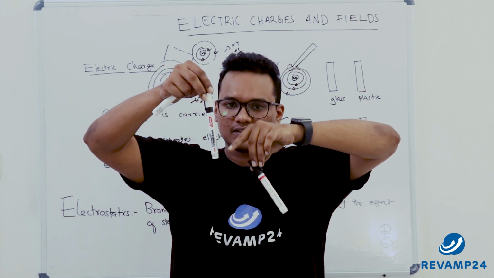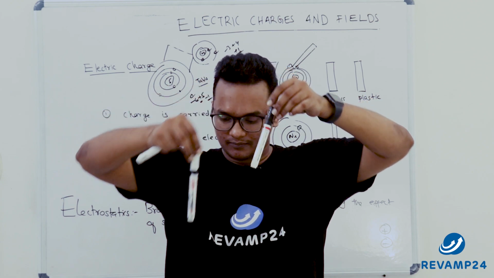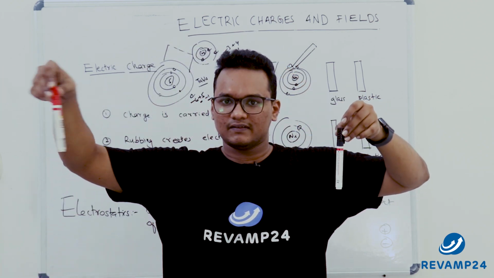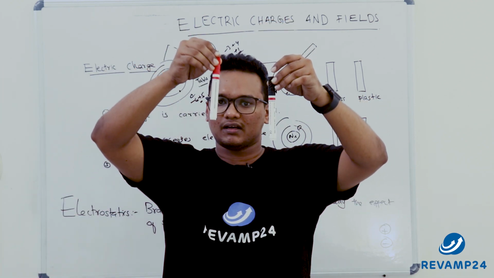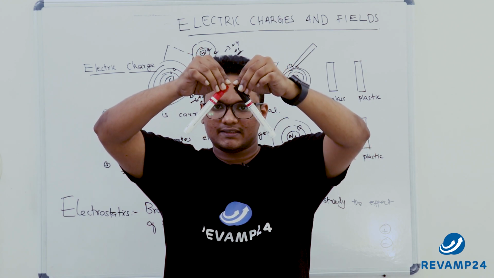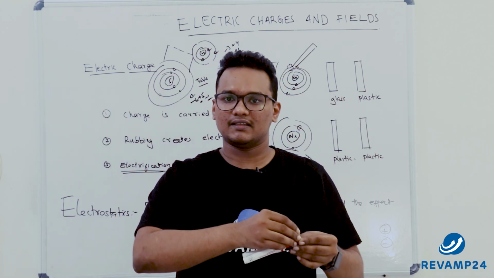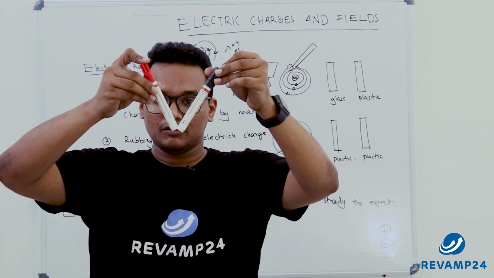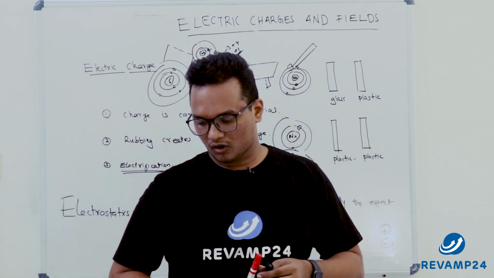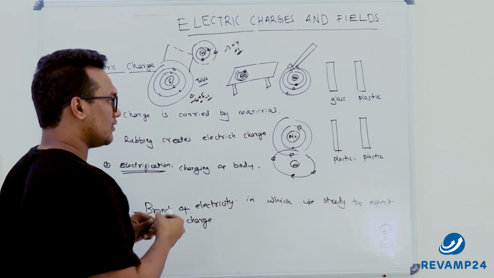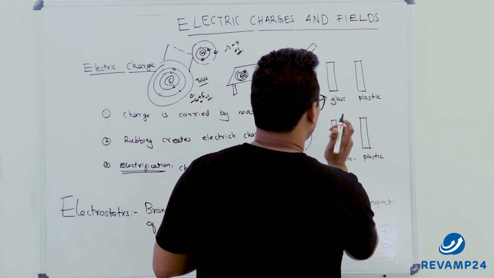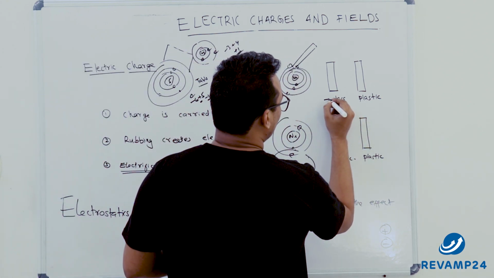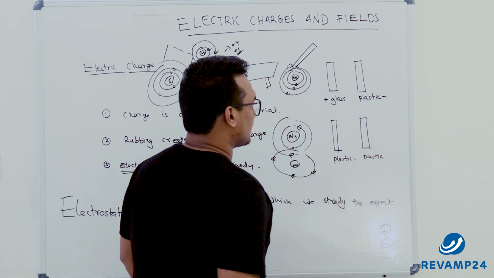So if this is positive, this one is also positive, they are repelling. Now when you have done the experiment with one plastic and one glass, we have seen that these are attracting in between, which means the charges are opposite to each other. So in this case, say for example, glass will be positive, plastic will be negative.